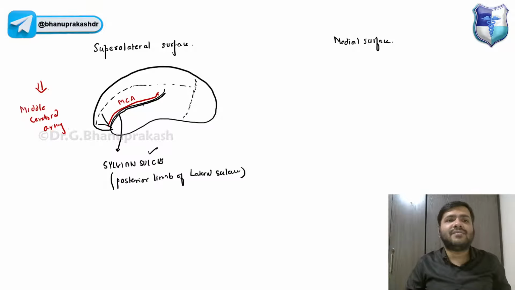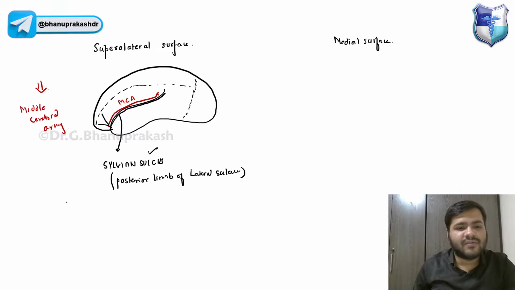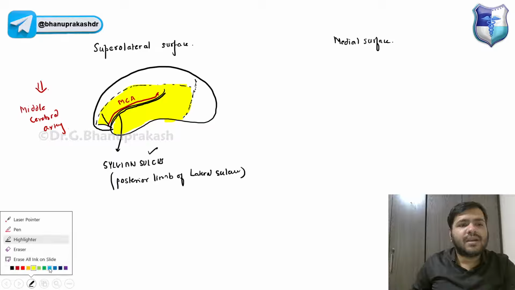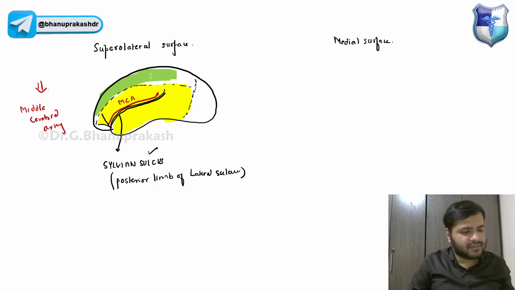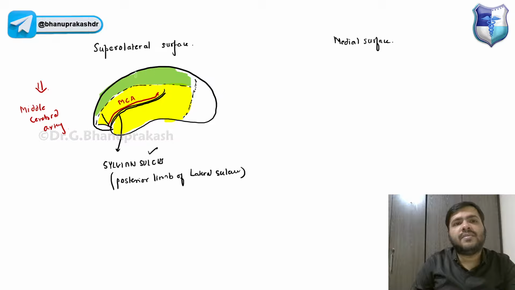In this gap, the middle cerebral artery is running, and it is supplying this whole area: the frontal part, the parietal part, and the majority of the temporal part. The upper part is basically supplied by the anterior cerebral artery.